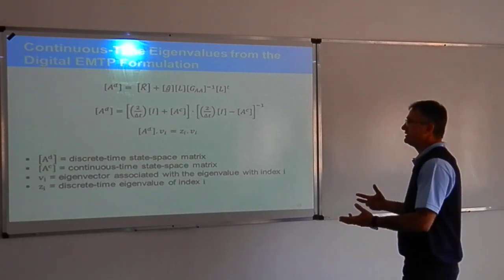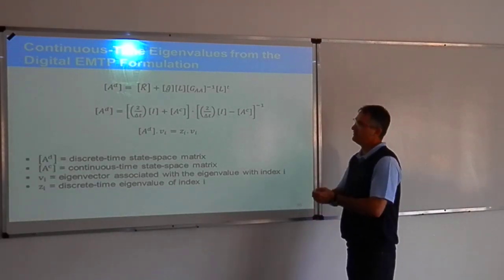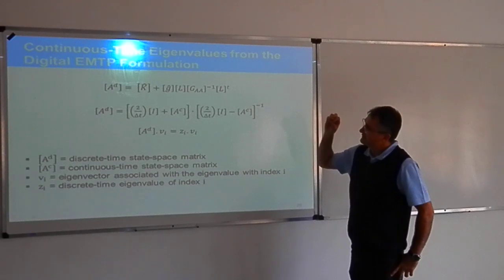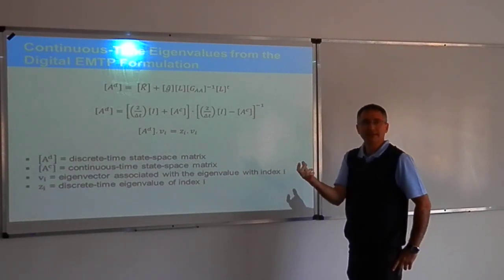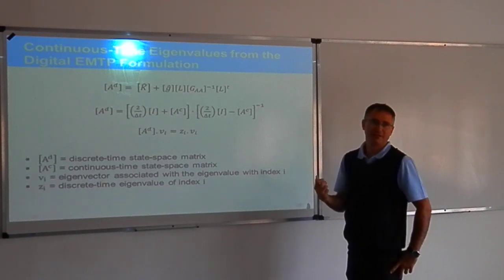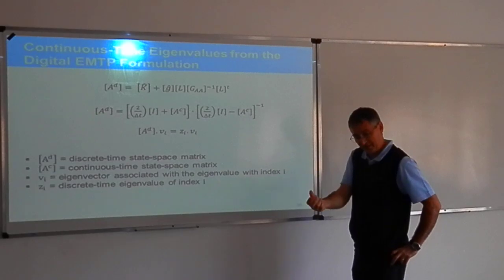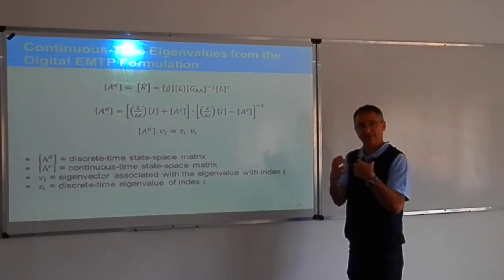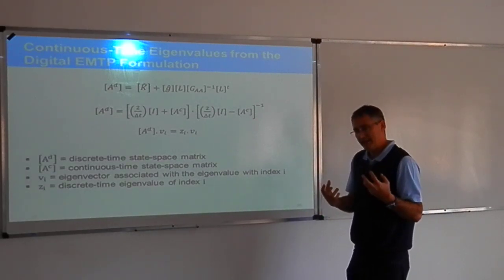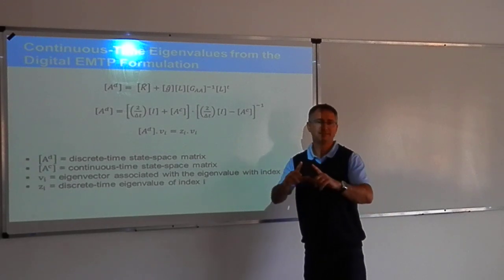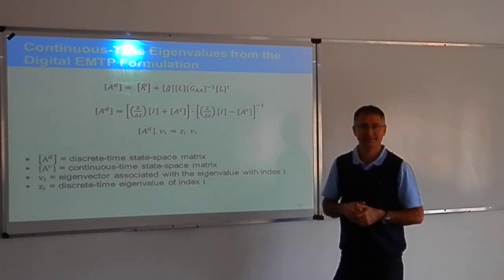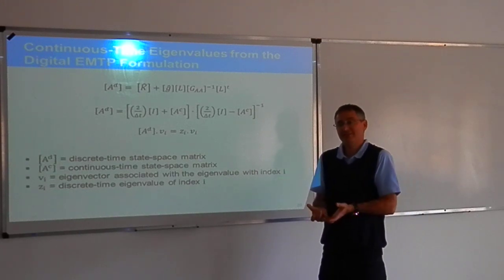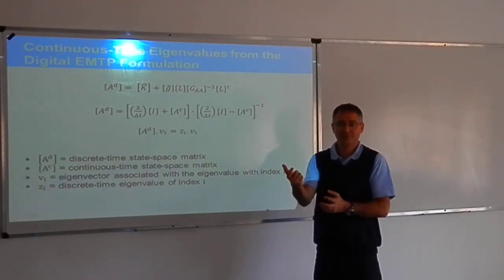Well, another alternative is to try to find the continuous time eigenvalues directly from the digital EMTP formulation using the G matrix or the history source. And so how can we calculate the state-space matrix, the continuous time A matrix, from the digital modeling G conductance matrix.